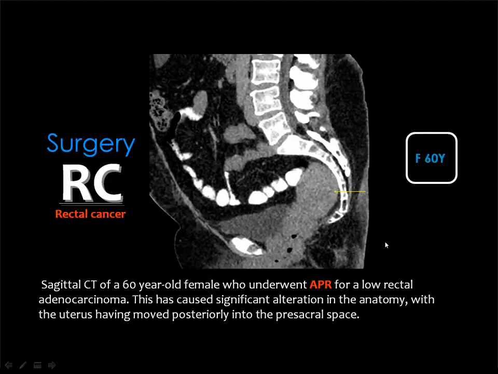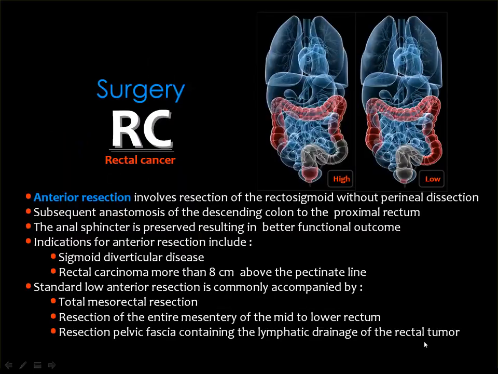After you remove the rectum and the anal canal, the viscera will be displaced posteriorly, and in this case you can see the rectum, and also the urinary bladder will be displaced.